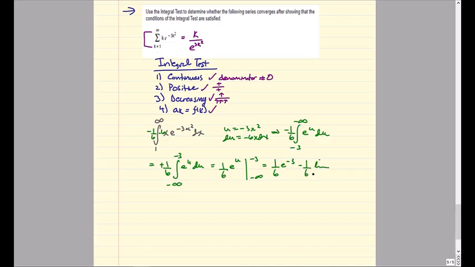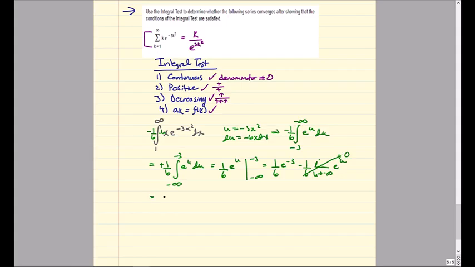minus my lower would be 1/6 limit as u approaches negative infinity of e to the u. So as I approach negative infinity, this will equal e to the negative u. So that flips then into 1 over e to the u. And as u goes toward infinity then, that's going towards 0. So this whole term is going towards 0.